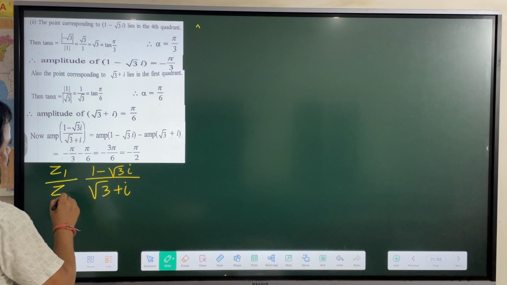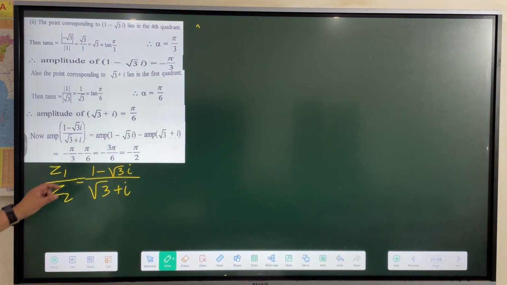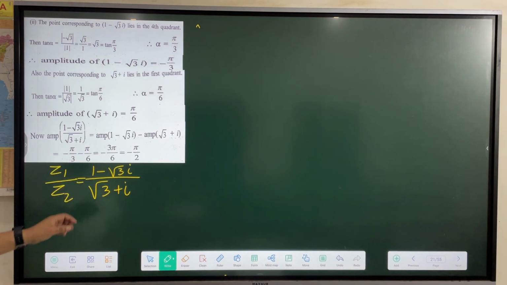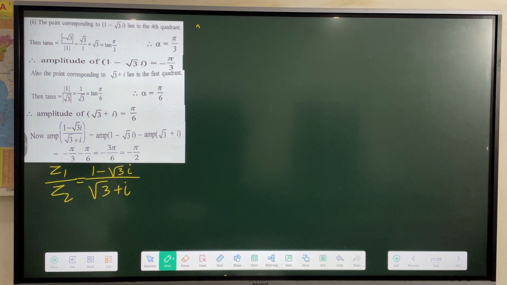Z1 by Z2 is equal to this one. This is what is given in the question. So we will find out the amplitude of Z1 and the amplitude of Z2. After that we will apply the formula. Let us find out first the amplitude of Z1.